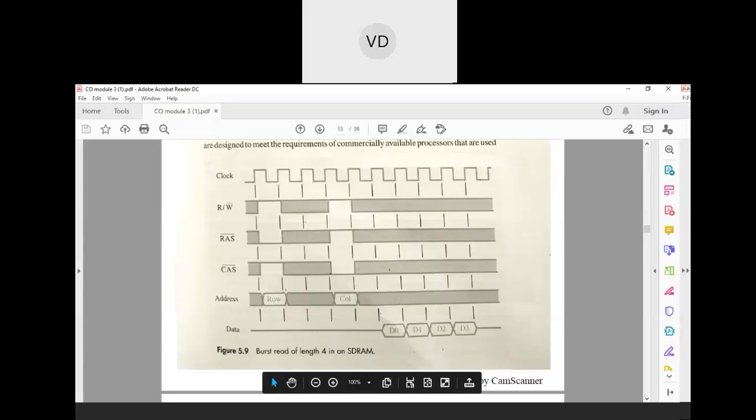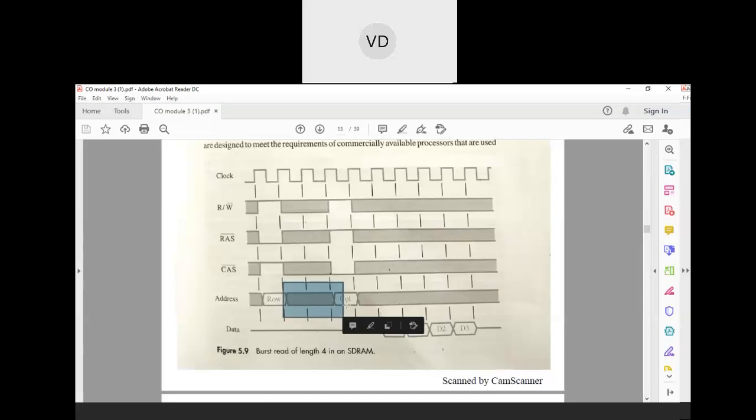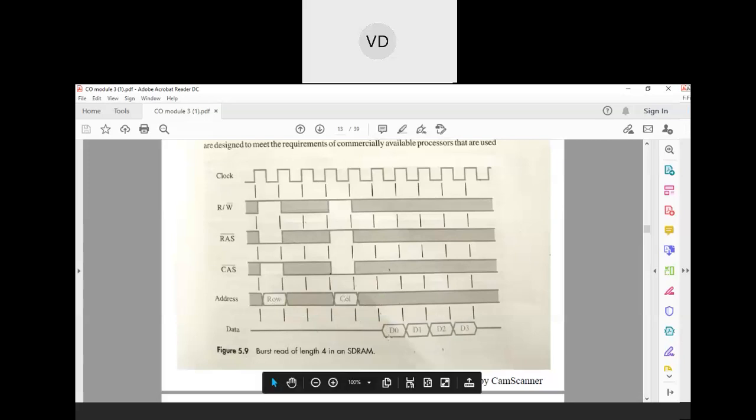After a delay of 2 clock cycles, the column address is also inserted. After inserting the column address, after a 1 clock cycle delay, using this row address and column address, the first data byte will be found.